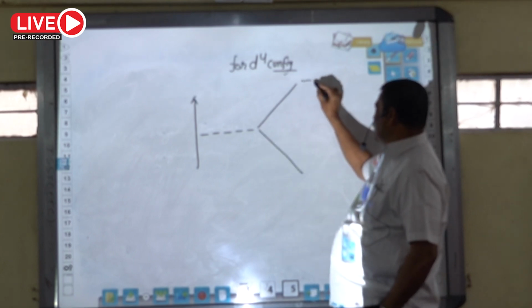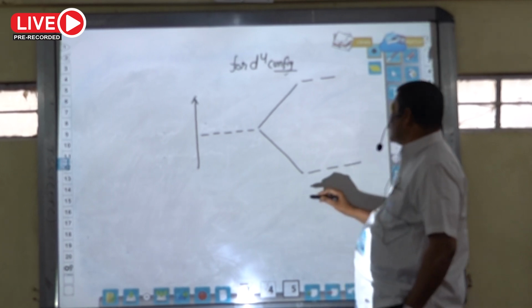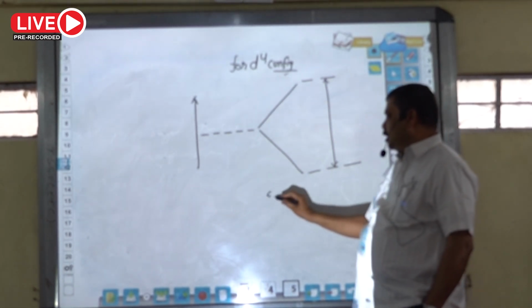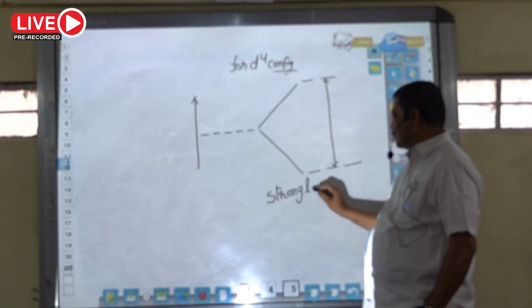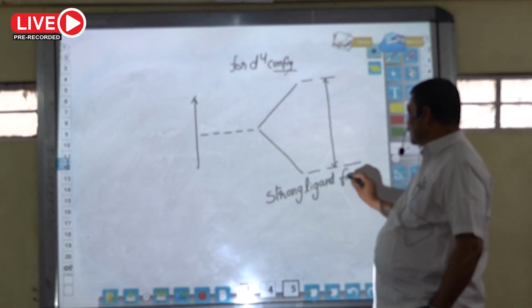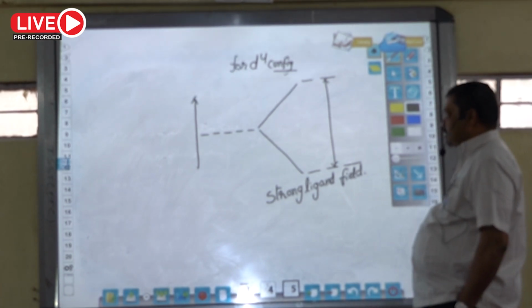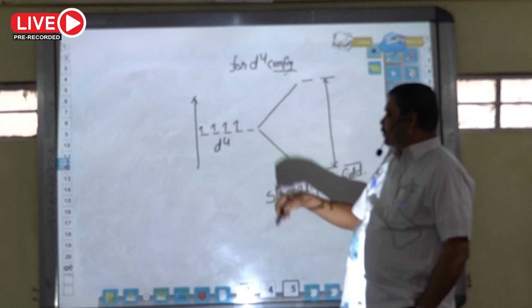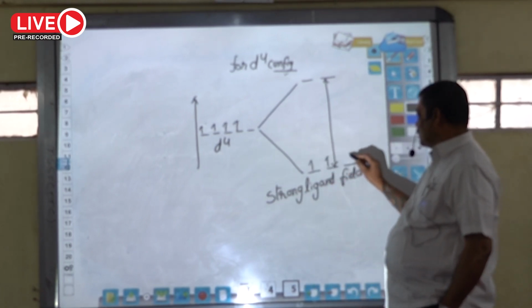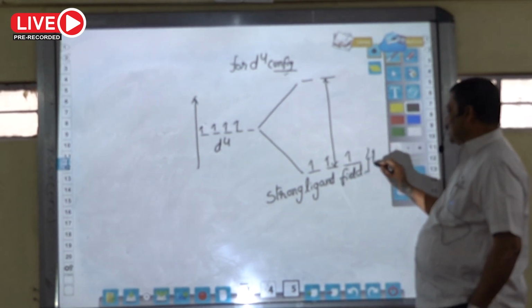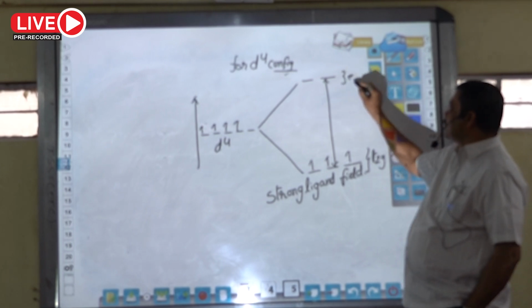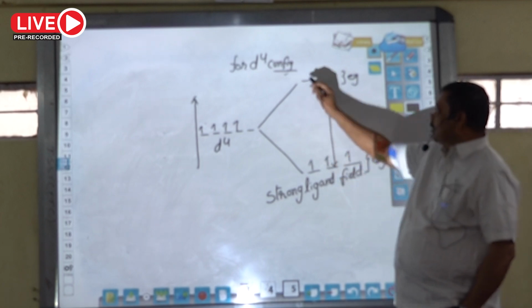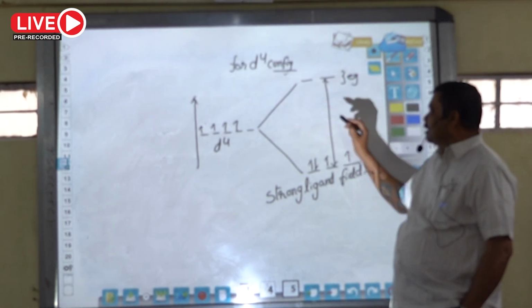If the d orbitals split to the maximum extent, in a strong ligand field, the 4 electrons of d4, after filling the 3 electrons in the t2g set, now the 4th electron will have 2 choices: pairing with a t2g electron or going to the eg.